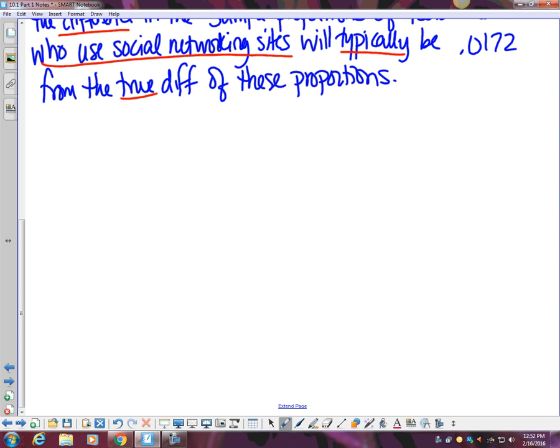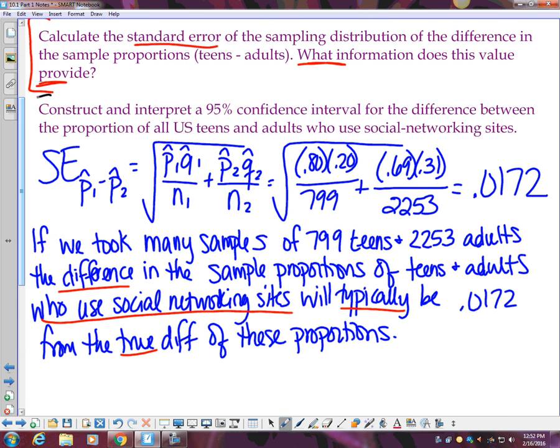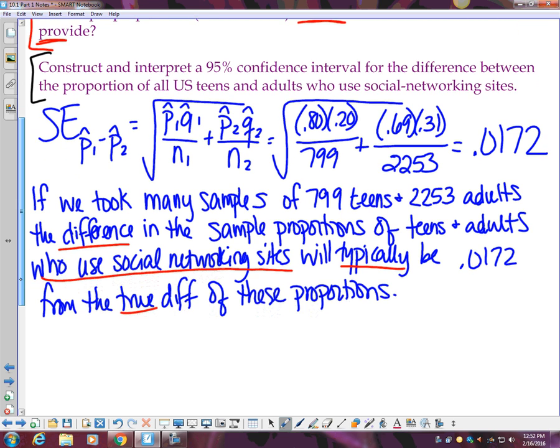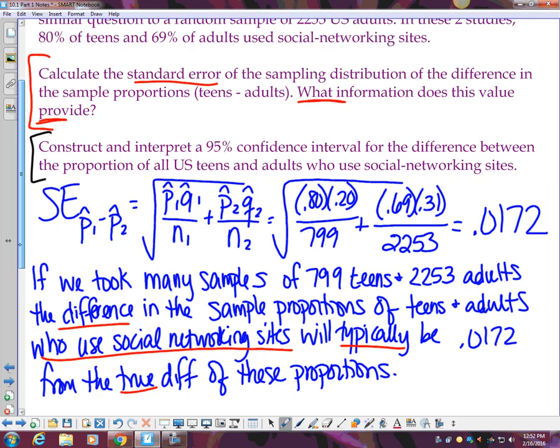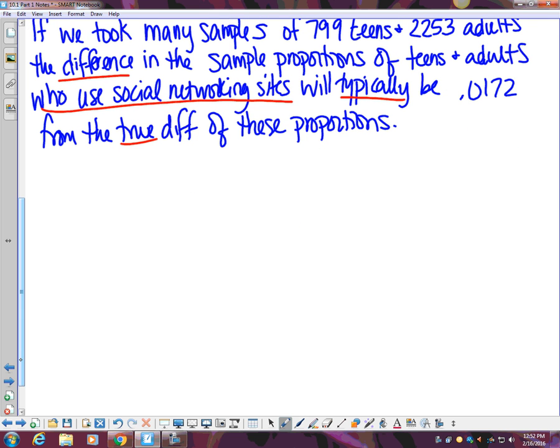Okay, so now, if we were going to start this problem from scratch, if we were going to construct and interpret a 95% confidence interval for the difference of proportions of all U.S. teens and adults, and we're doing teens minus adults. Okay, so first of all, what are we? We are a 2-sample Z interval, not test.